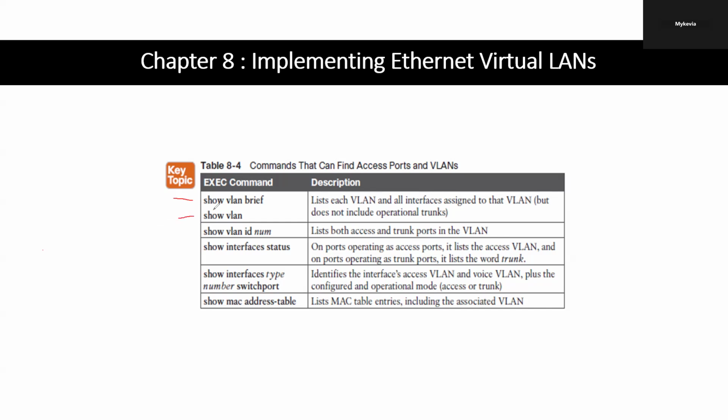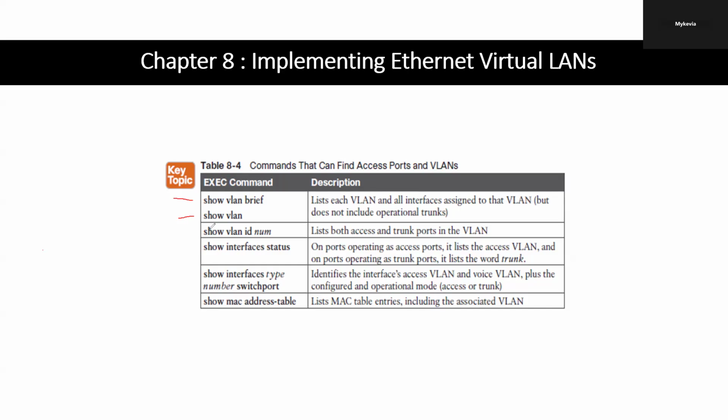Show vlan brief is a little bit better, but you get different results. The goal is to see VLANs. So what do show vlan brief and show vlan do? They list each VLAN and all interfaces assigned to that VLAN, but do not include operational trunks.